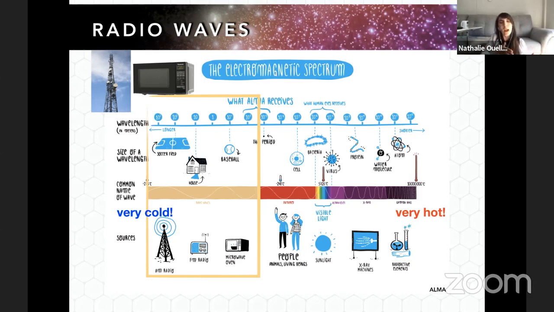Microwaves are on the more energetic end of the radio wave spectrum, but essentially when you pop something into your microwave to warm it up, your food is being bombarded by microwaves that make the molecules in your food vibrate and start heating up. So you use radio waves and microwaves maybe more than you realize.